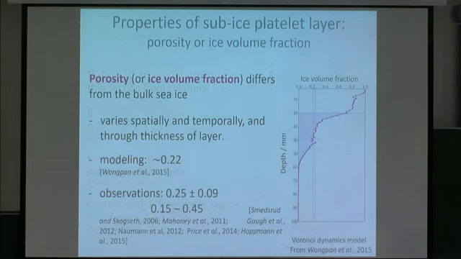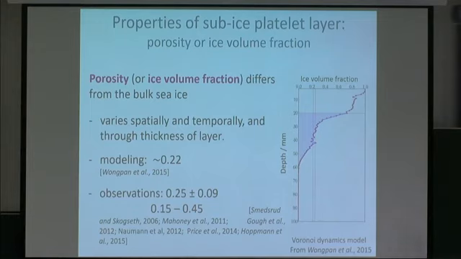The sub-ice platelet layer, on the other hand, is extremely porous. And I've put down some observation ranges here. Pat Wongpan's modelling said we're going to be in ice volume fraction about 0.22.